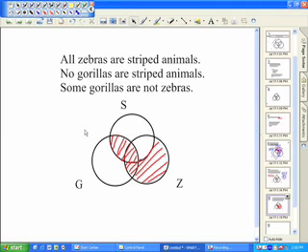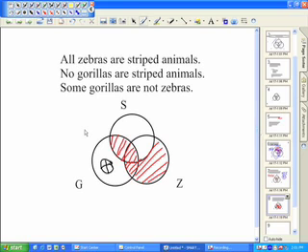Do gorillas exist? Yes, they do exist. So we can put a circle X here. Whenever we have a circle that's 3/4 full, we can ask ourselves if it exists. If it does, we can put a circle X. So this would be conditionally valid, and the required condition would be that gorillas exist. We could also do it for Z, but that's not really important to us in this particular syllogism.